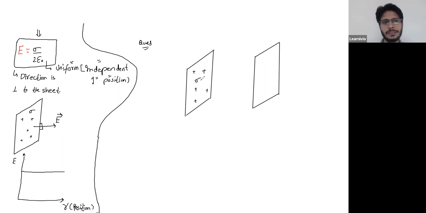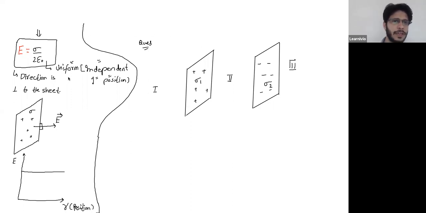The surface charge density of sheet 1 is sigma 1. The surface charge density of sheet 2 is sigma 2. You're supposed to calculate electric field in between the sheets. Let's calculate field in all three regions, region 1, region 2, and region 3.